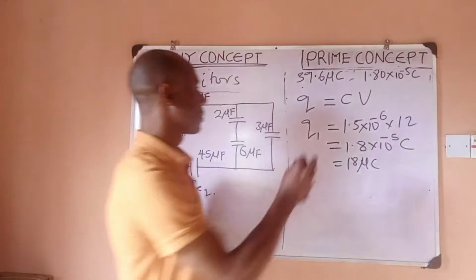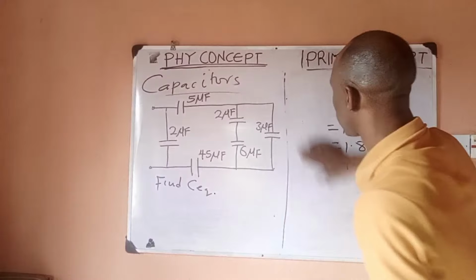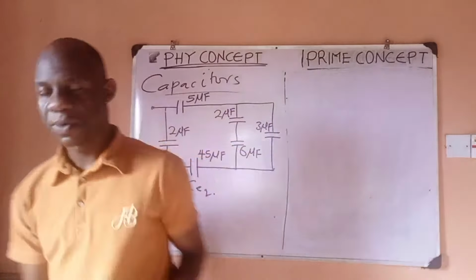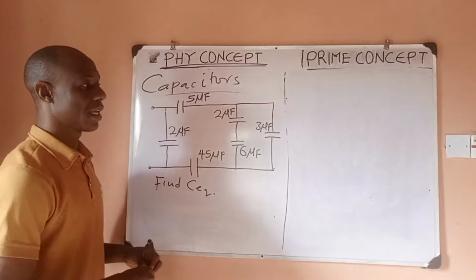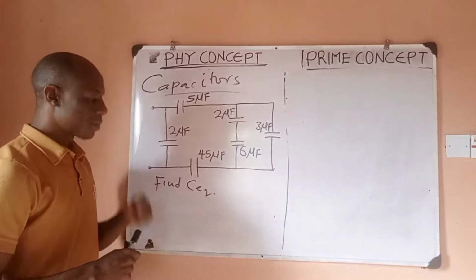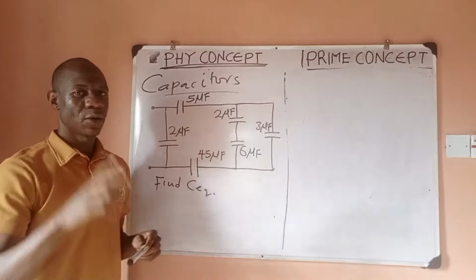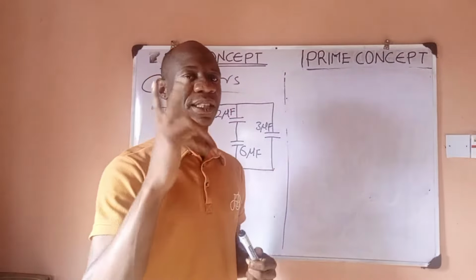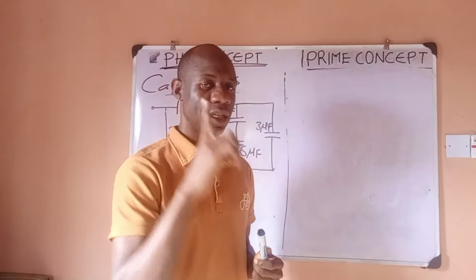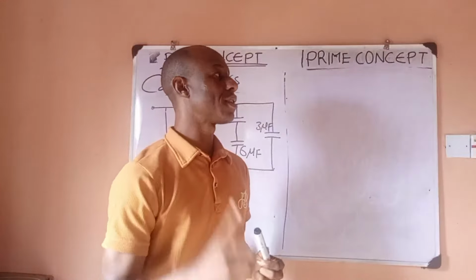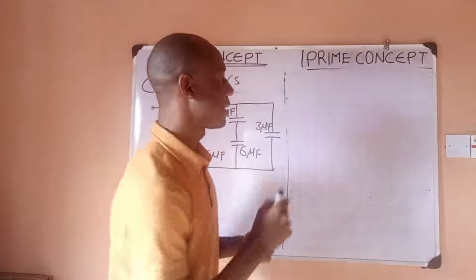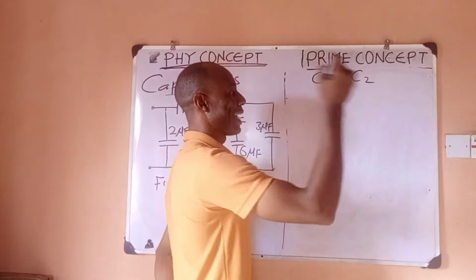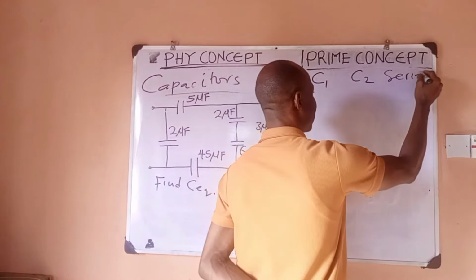That is the question. So I think I'll be solving it straight away so that we can save time. Find the equivalent capacitance of this circuit, right? Now, before I start solving, I want to quickly inform you that if you have only 2 capacitors that are in series, you want to get the equivalent. Say you have C1 and you have C2, and both of them are in series. Take note of what I've said.